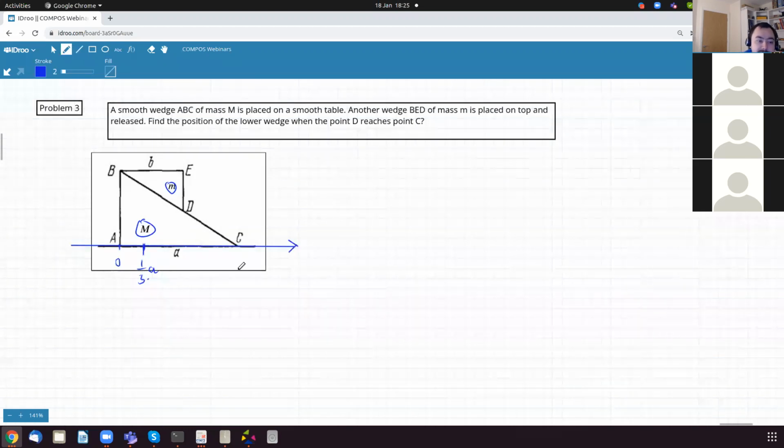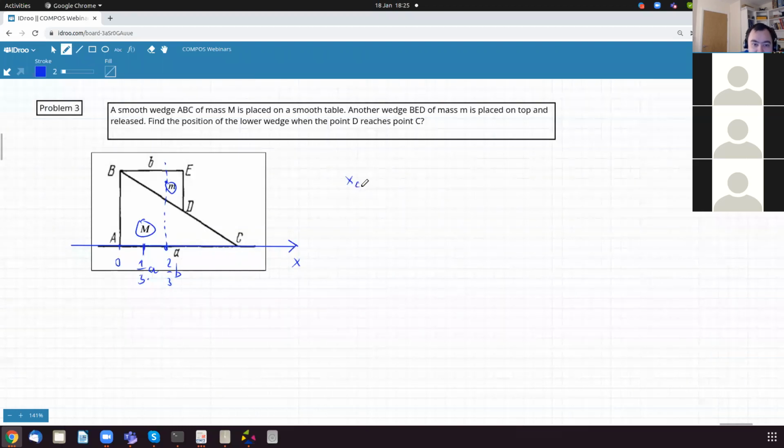And we're only interested in the horizontal position of the center of mass, of course. So X is 1/3 A. And the position of the top block is 2/3 B, because it's the other way around. 2/3 B. This is the distance. Okay, so this is the position of the center of mass.